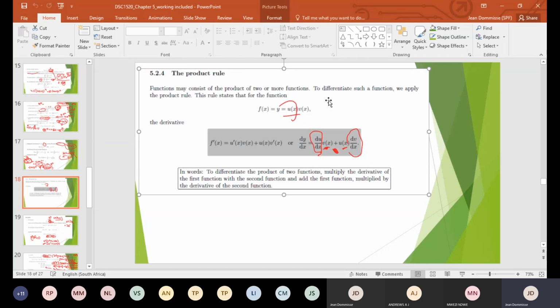We basically do the derivative of the first one, and then we multiply it by what the original was of the second one. Then we take the derivative of the second one and we multiply it by what the first one was.